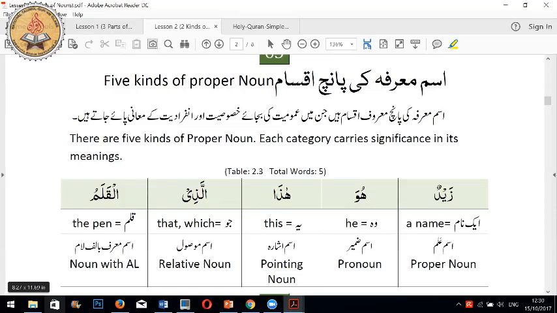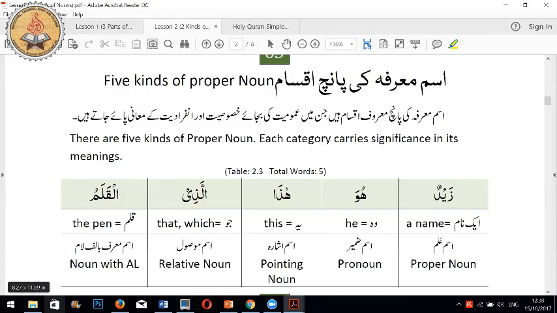Any proper noun is the name of any particular place, object, thing, or person where there is some significance. Pointing nouns are also under the umbrella of ism.